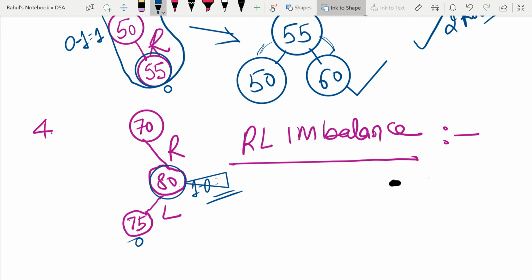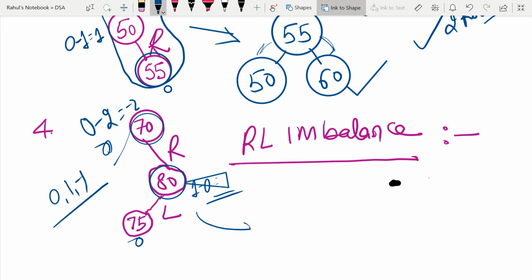Now if we calculate the balance factor of node 70, the height of the left subtree is 0, nothing is there on the left side, and the height of the right subtree is 2. So 0 minus 2 is minus 2. So it is something other than 0, 1 or minus 1, so it is also an imbalance condition.